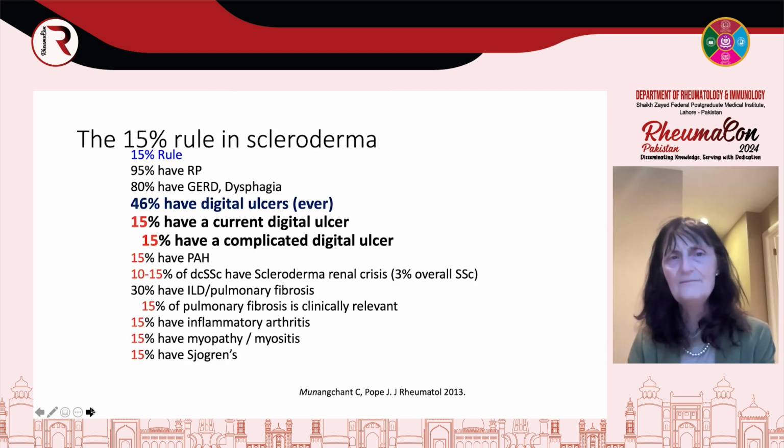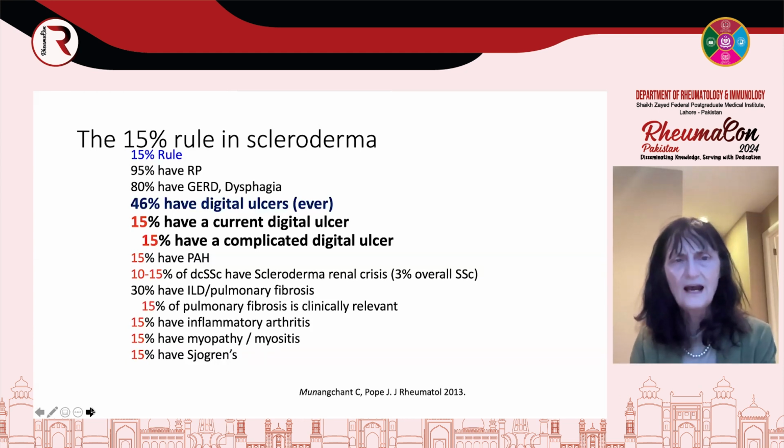And any day, 15% have a current finger ulcer, of which 15% ever are complicated. Complicated meaning the ulcer has gangrene, osteomyelitis, needs to be amputated, etc. 8 to 15% of your patients have pulmonary arterial hypertension. In early diffuse, 10 to 15% will have scleroderma renal crisis, but just 3% overall of your patients will get renal crisis.